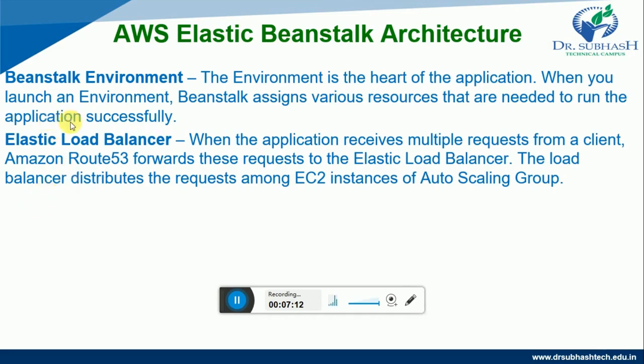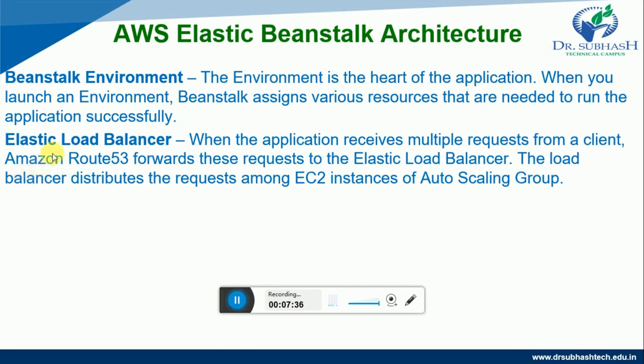The next is the Beanstalk environment. This environment is the heart of an application. When you launch an environment, Beanstalk assigns various resources that are needed to run the application successfully. So this is what a Beanstalk environment is.